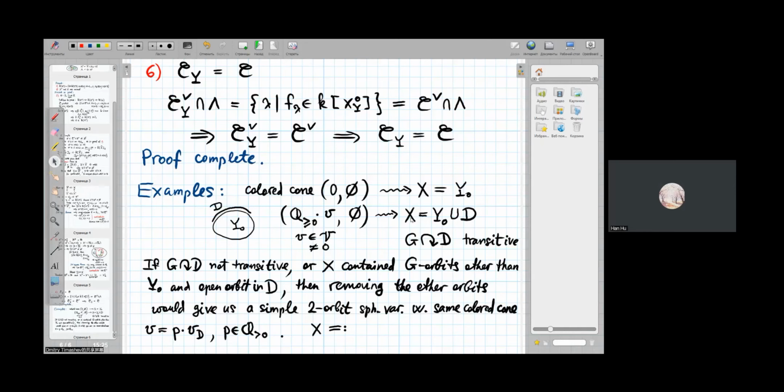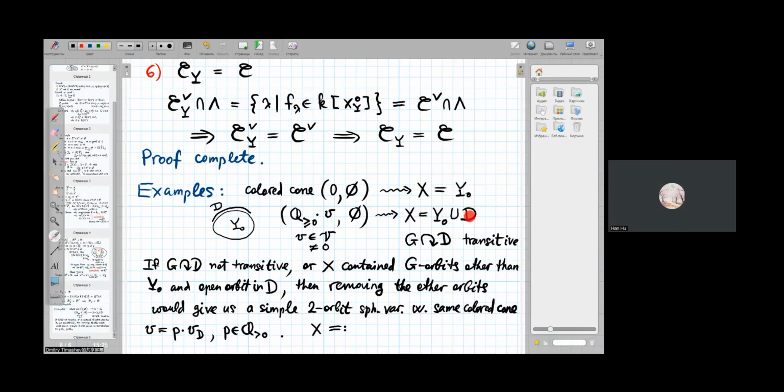Oh, well, it is difficult to say because the projective closure is not a canonical thing. You may choose different projective closures, and D belongs to some of these projective closures, but may not belong to the others. So this question makes no sense in general. Of course, if you embed this X in some projective space, this means that you embed both Y naught and D, the whole X, in some projective space, and close it up, then this gives you a realization of D in this projective space.